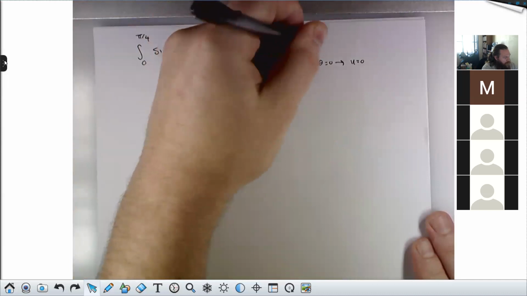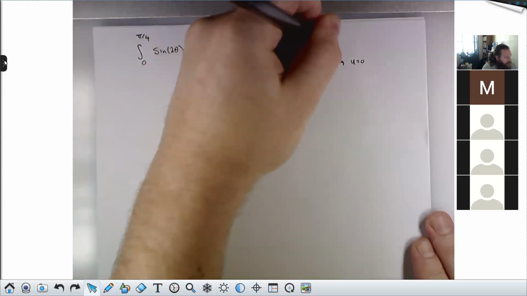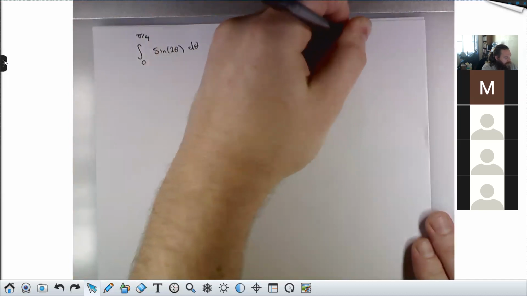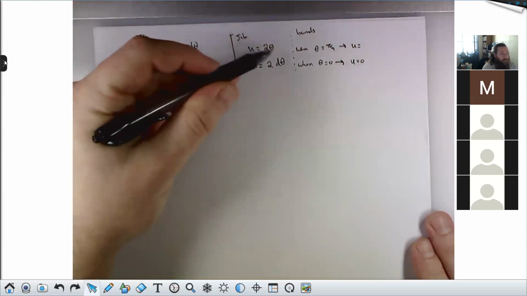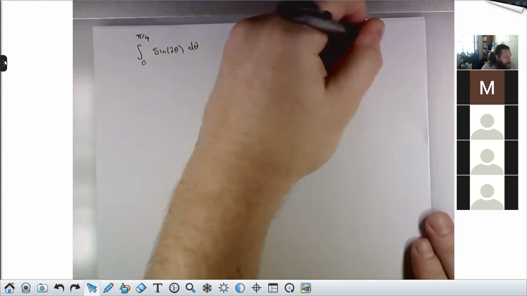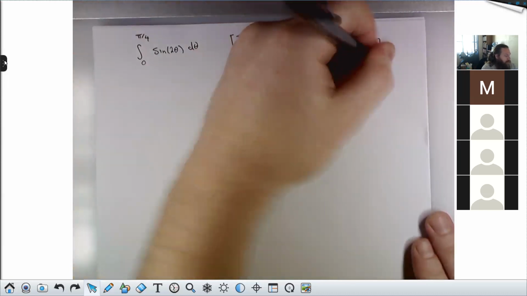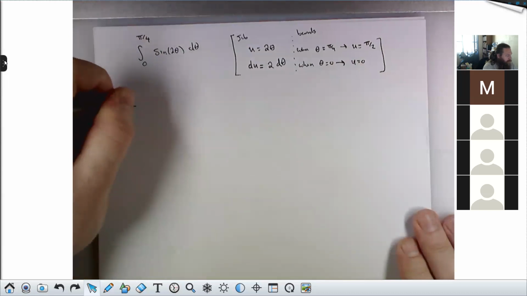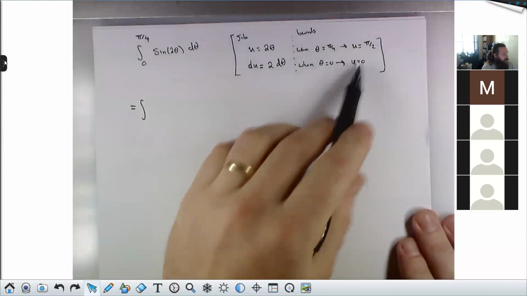And when theta is equal to pi over 4, u would be equal to 2 times pi over 4. Well, 2 pi over 4 is pi over 2. So this is how this works. And now, just like before, I have a new integral with new bounds, 0 to pi over 2.